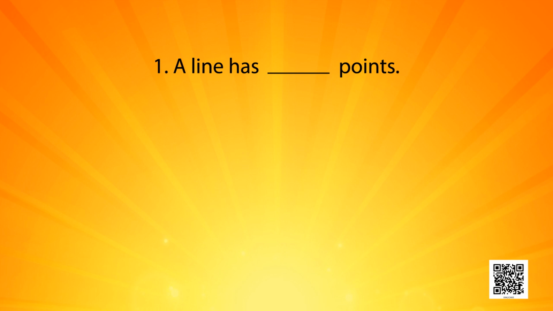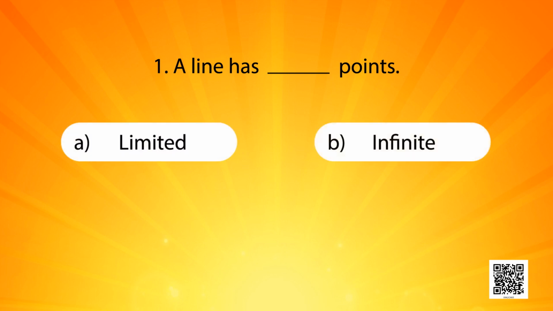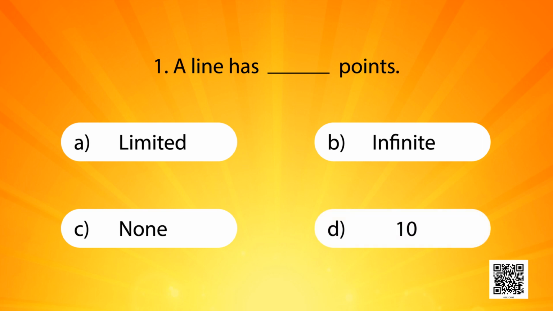I am giving you some options. First option is limited. Second option is infinite. Third option is none. And fourth option is 10. Now you have to tell: a line has dash points.